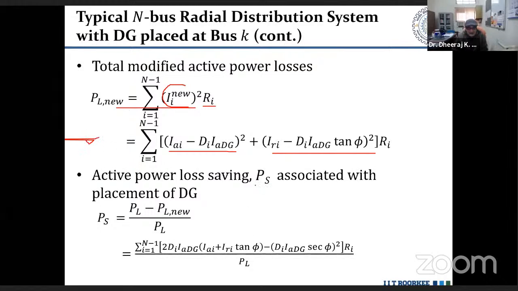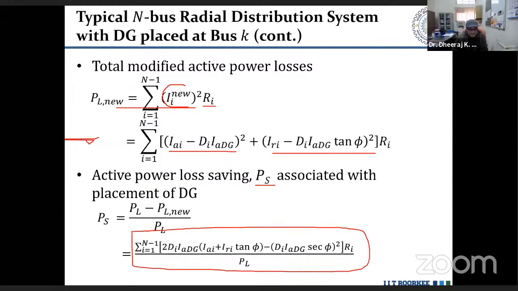So we can compute the loss saving, that is, the power losses before DG placement minus the power losses after DG placement, and we can normalize it. So this is the final expression. We can substitute different expressions and finally we get this expression.